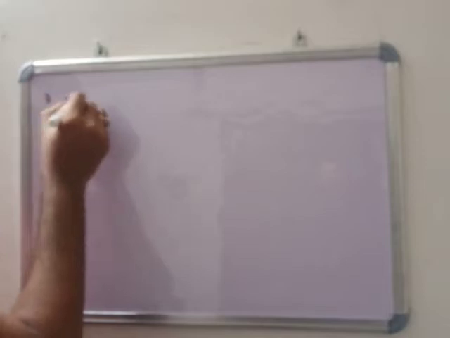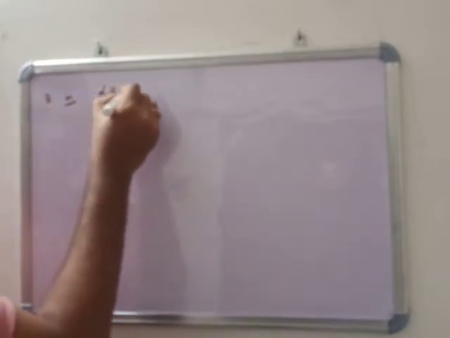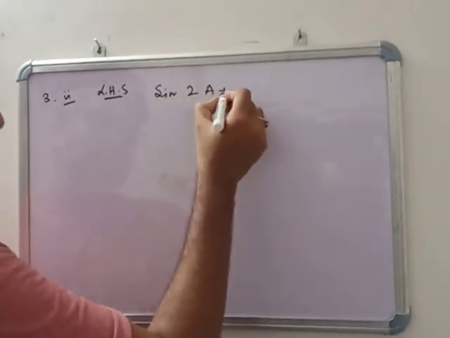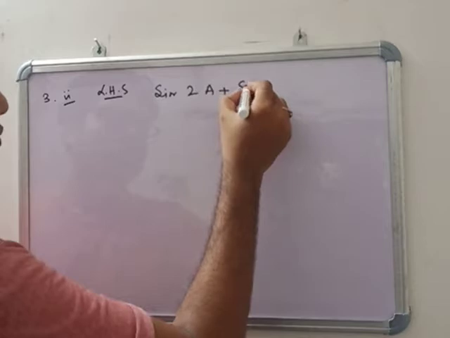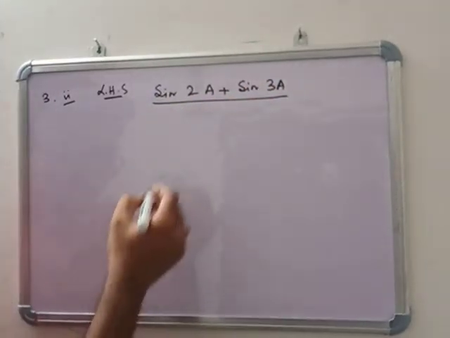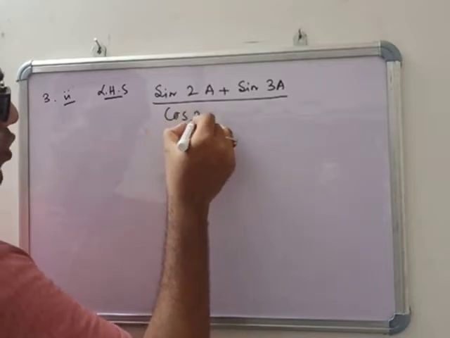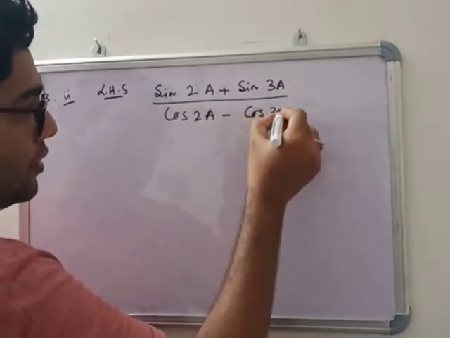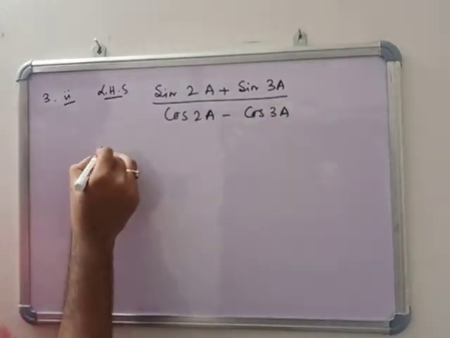Now in 3, question 2, see that the LHS is sine of 2a plus sine of 3a by cos 2a minus cos 3a.